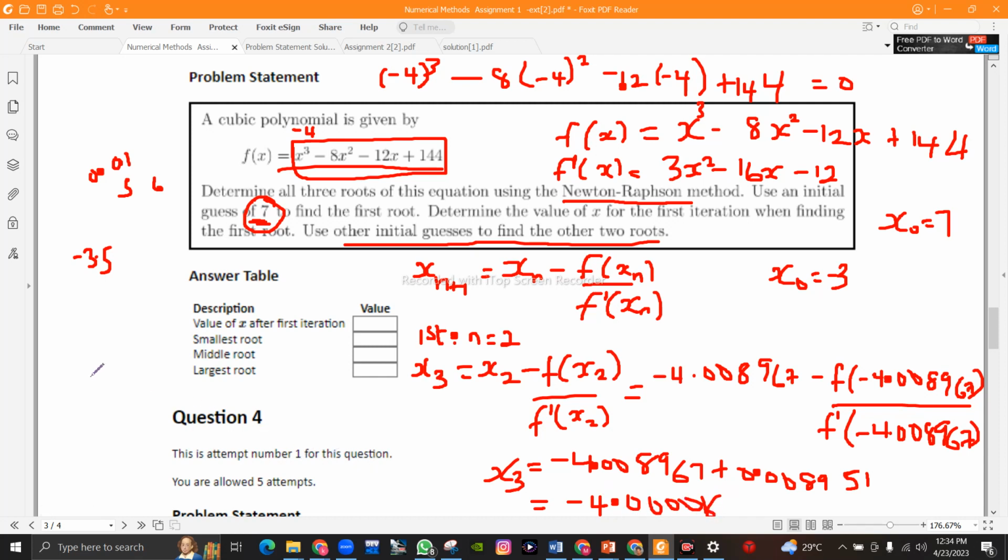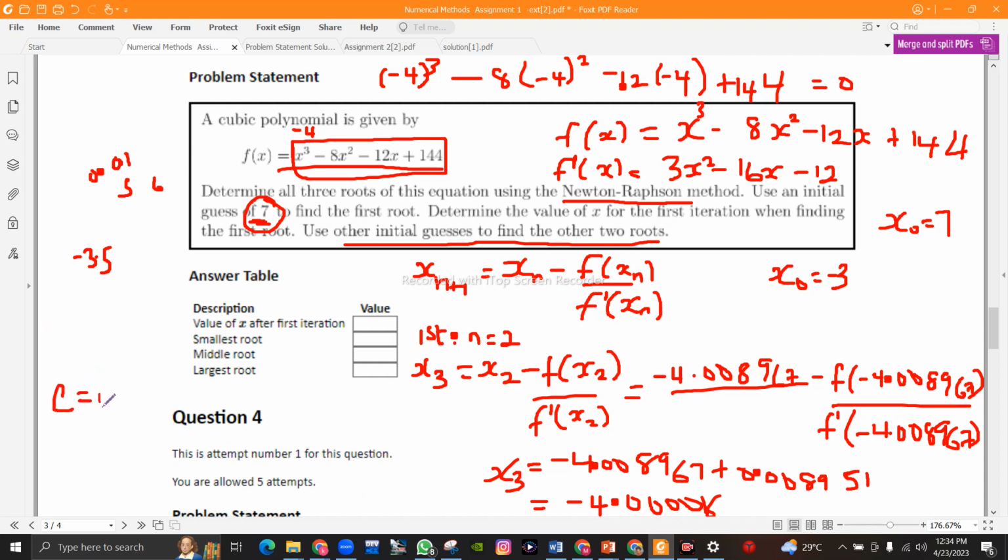So that means you can stop here. But if you are given a boundary of error, please make sure you get to that boundary. If the error says it should be less than 0.8, don't stop here. You have to keep moving. Now, the error here is x3 minus x2. If we subtract that, I'm going to get 0.09 as our error.